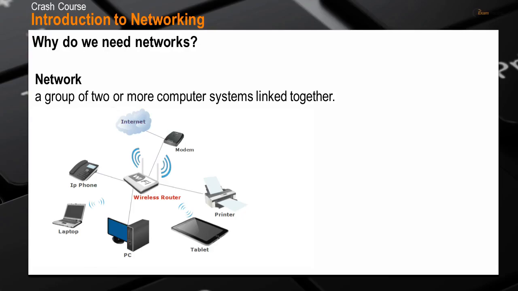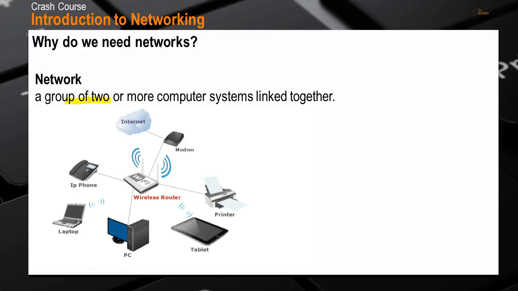It is pretty easy to come up with a definition. Network means that you have at least two computer systems that are connected, linked together, they can work together, they can see each other, they can talk to each other. What does it mean?